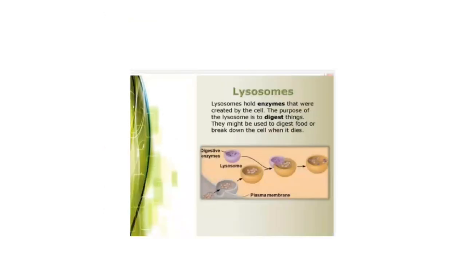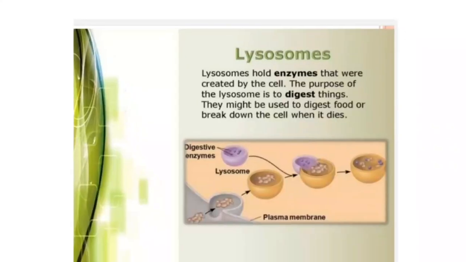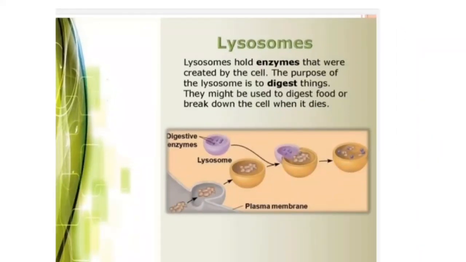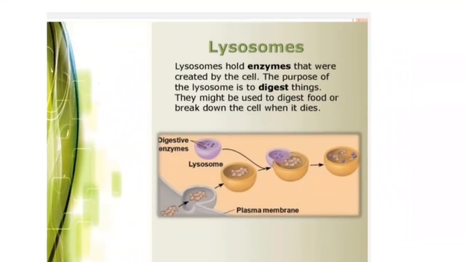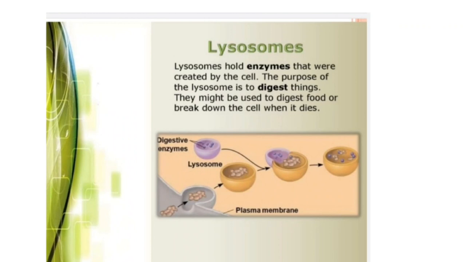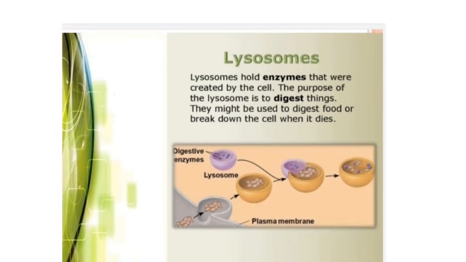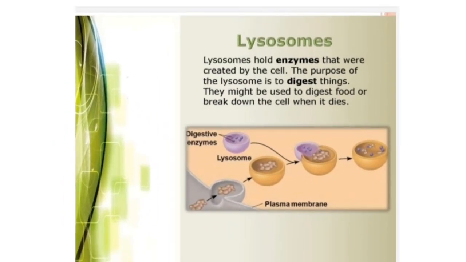Then next, another organelle of the eukaryotic cell is the lysosome. See here the structure of lysosomes. Lysosomes hold enzymes that were created by the cell.